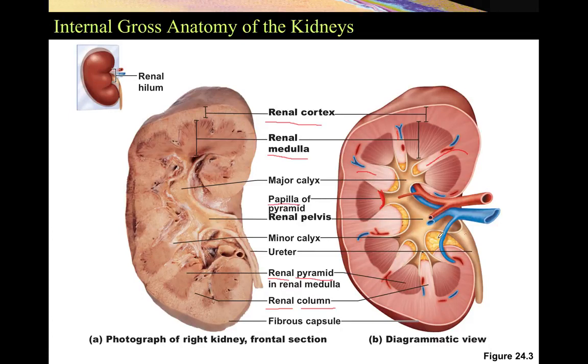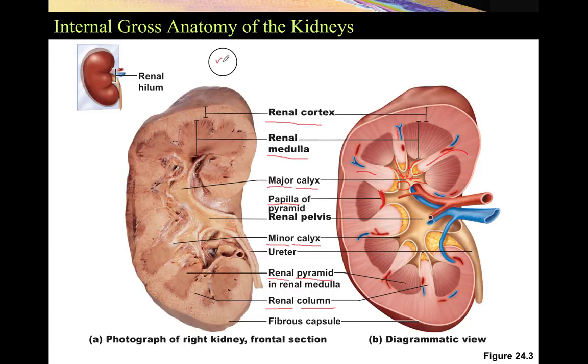Then they open up to these tiny or smaller branches you see right here, and right here. These smaller branches are referred to as minor calyx. And you can see that these minor calyces, one right here, one right here, one right here, are merging together to form this larger section right here, which we're going to refer to as the major calyx.